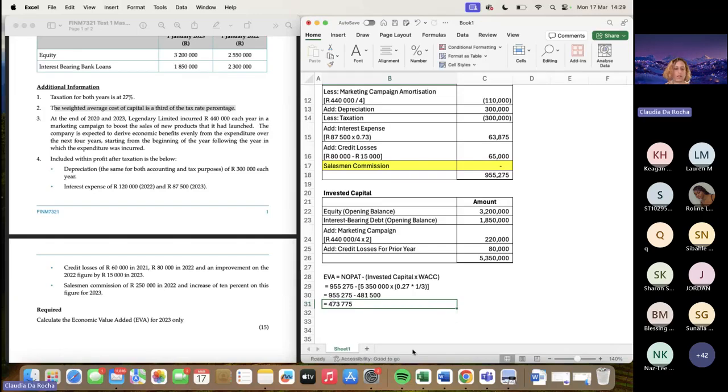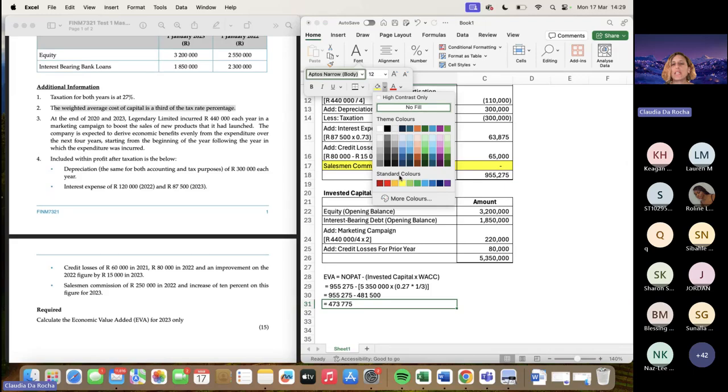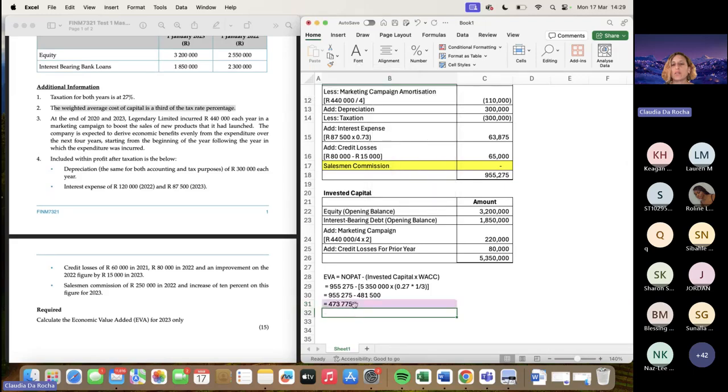And there's your answer. If they had to ask you whether the company has value or not, how do we know that? As long as this value is positive. As long as our EVA value is positive, the company has increased in value. Obviously, in this question they didn't ask us that, but they could ask you what your commentary on the EVA is. All right, any questions on this question?